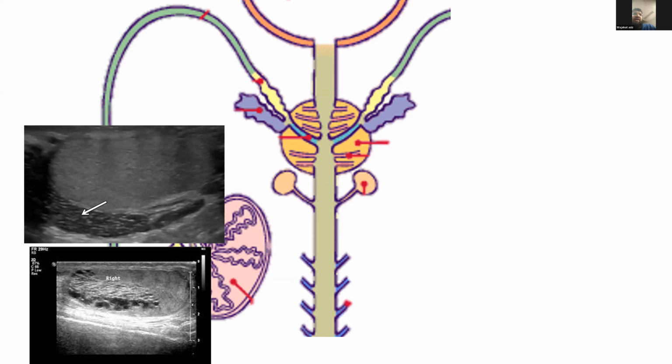Sometimes you may see a dilated epididymis either on examination or an ultrasound. Again, this is an indirect sign of obstruction. Congenital bilateral absence of vas deferens is something which you can ascertain based upon history and examination.